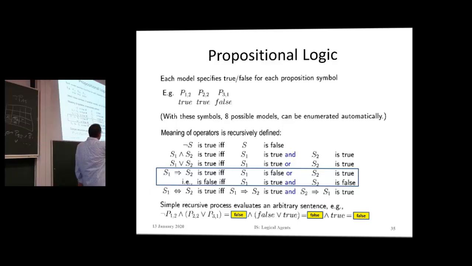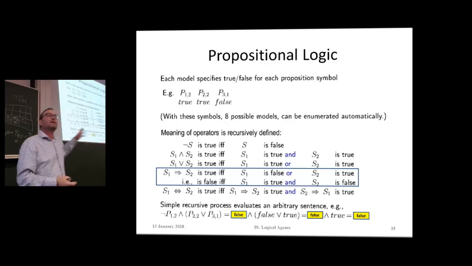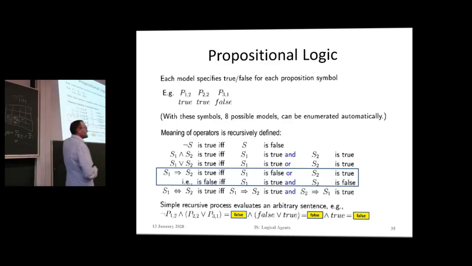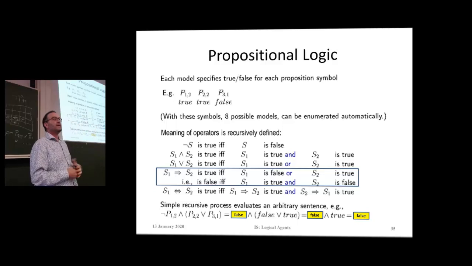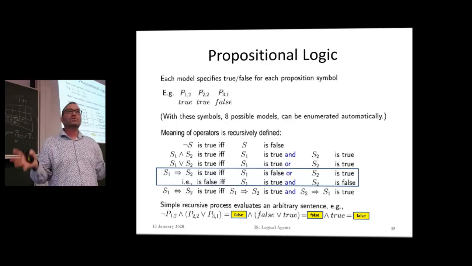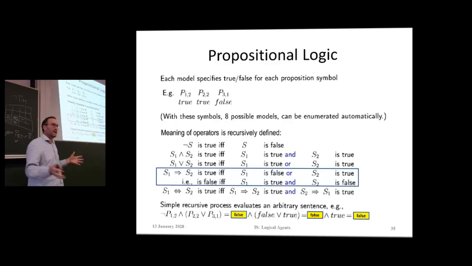Implication means that either the antecedent is false, or if it is true, then the right-hand side must be true. Yeah? And you have seen those definitions using truth tables, and this is exactly the same as was defined with the truth tables. It's just the exact definition of how you calculate the composite value of these more complex formulas.